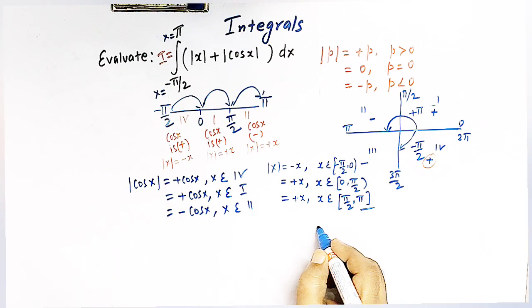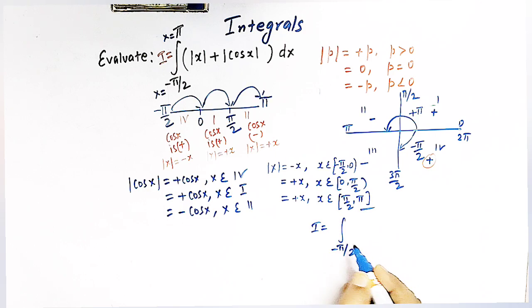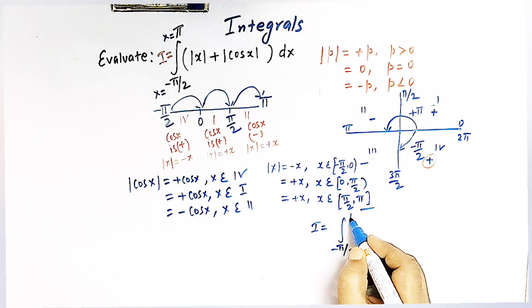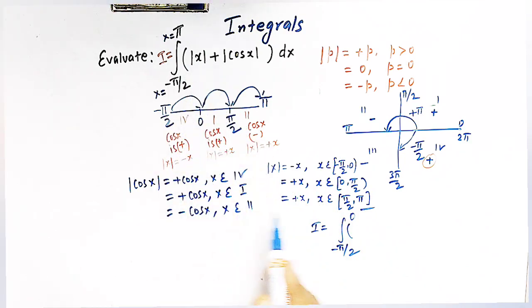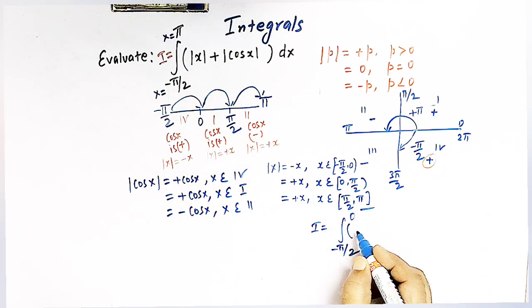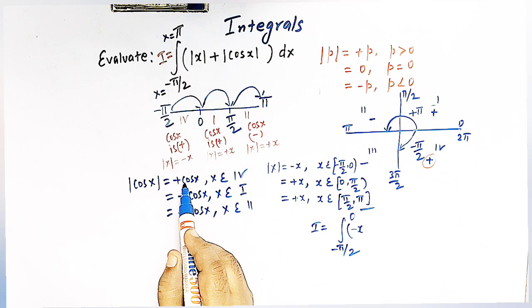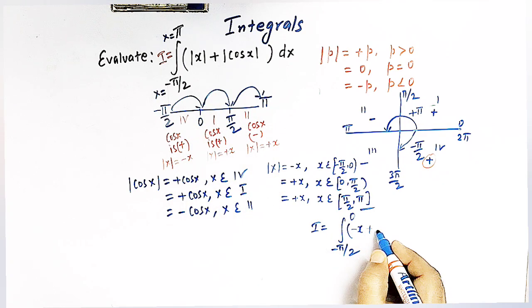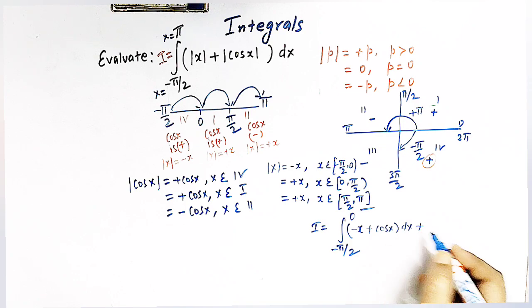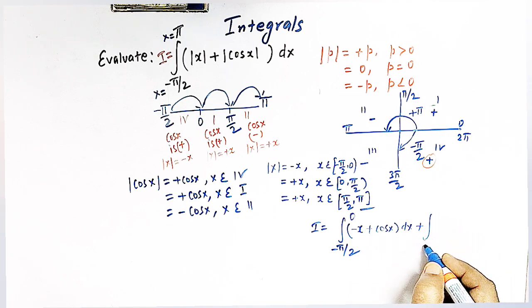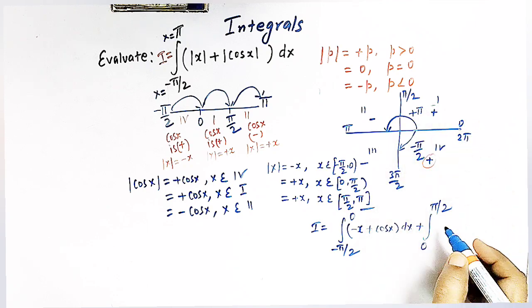So now I can be written as the integral from minus pi by 2 to 0, and then here we have mod of x, which is negative x, and mod of cos x, which is positive cos x, and then we have the integral from 0 to pi by 2, that is in the first quadrant.